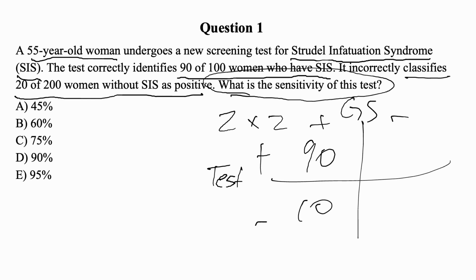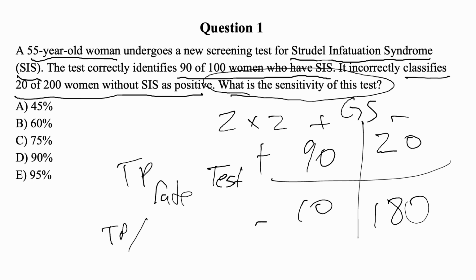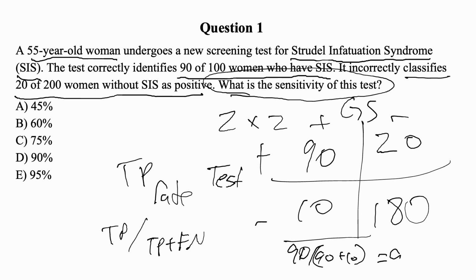And then it incorrectly classifies 20 of 200 women without SIS as positive. So this is 20, and then this will be 180. So we want to find the sensitivity of this test. Sensitivity, again, is our true positive rate. So that'll be true positive divided by true positive plus false negative. So that'll be 90 divided by 90 plus 10, which equals 90%.